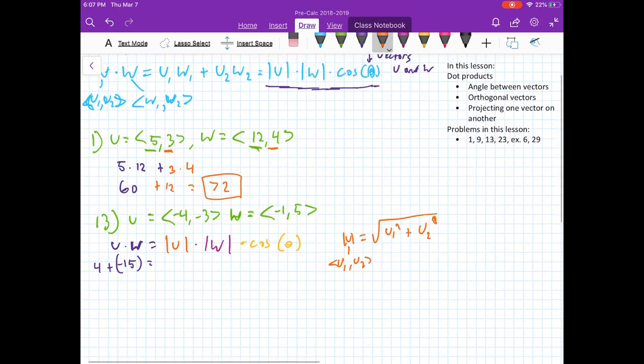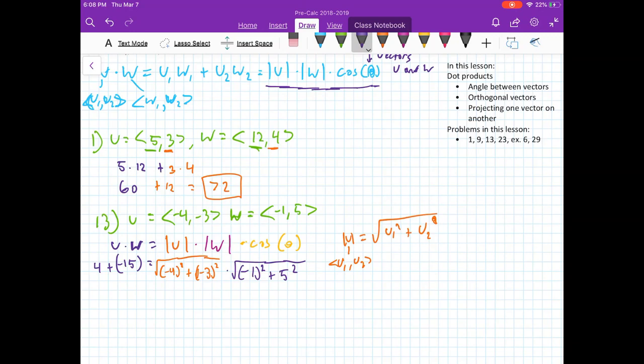The magnitude of u in this case would be the square root of -4 squared plus -3 squared. Great. And we're going to multiply that by the magnitude of w. The magnitude of w would be the square root of -1 squared plus 5 squared. Great.